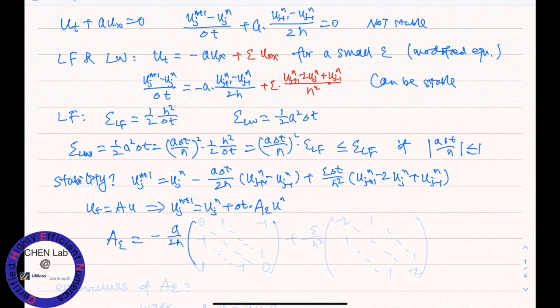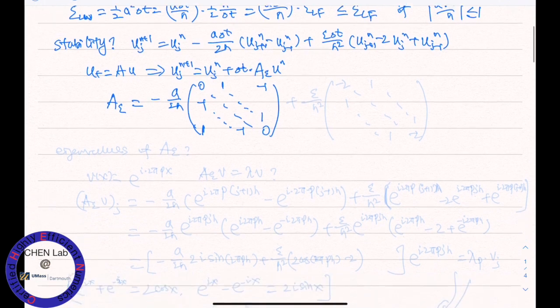And we're going to have this matrix we analyzed already. In particular, it's antisymmetric, so its eigenvalues are purely imaginary, which means the forward Euler scheme is not stable. All right, that's what we did already.